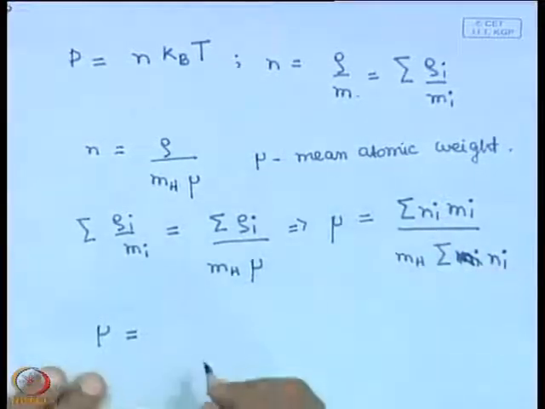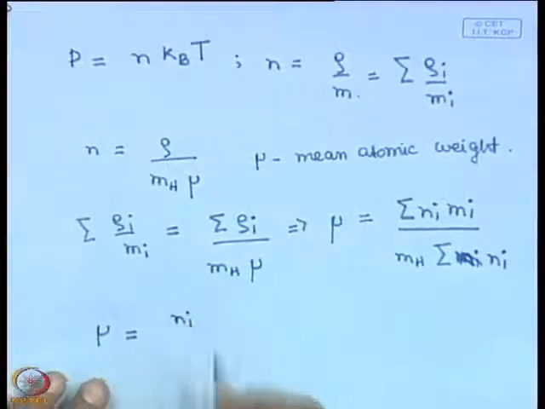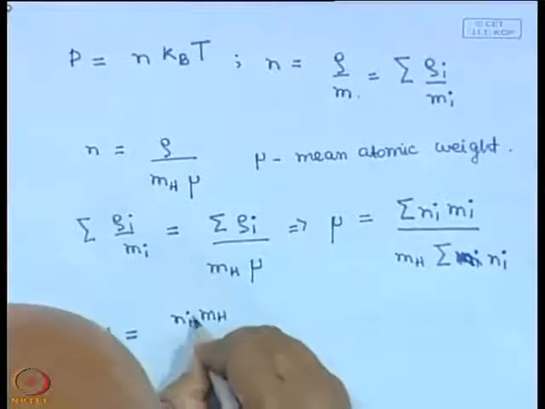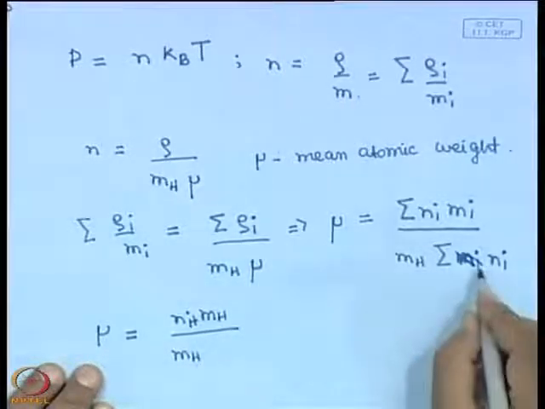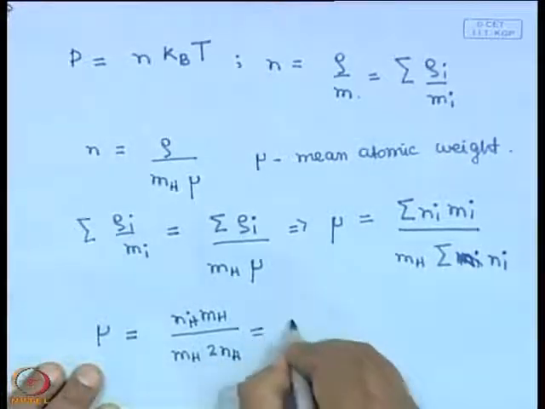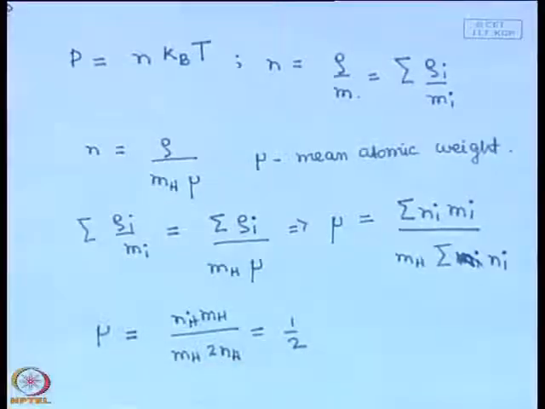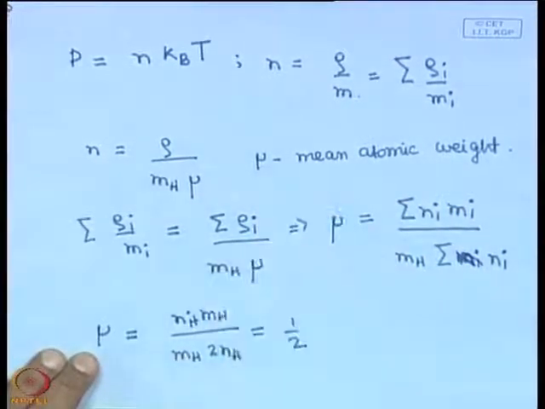So the numerator is essentially N_H, the number density of say protons, times the mass of the hydrogen atom, M_H. The denominator is M_H, and here the electron and the proton density are the same, so we have 2 N_H. So this comes out to be equal to half. Okay, so for ionized hydrogen this is half. If you put in a fraction of helium, then it will get somewhat modified. The mean atomic weight for ionized hydrogen is half, so we can use this.